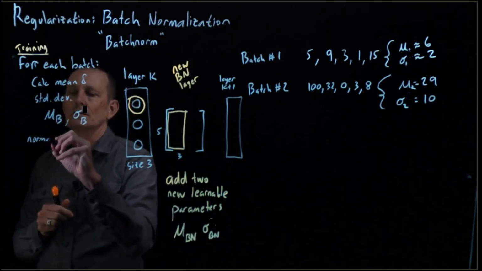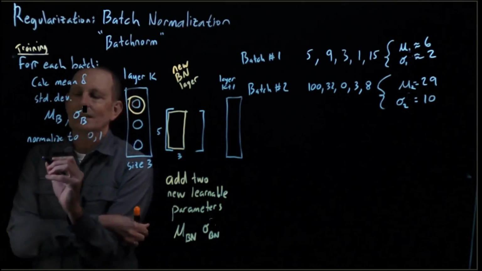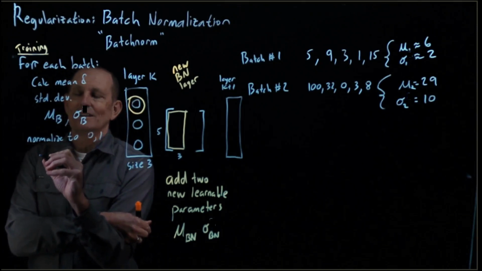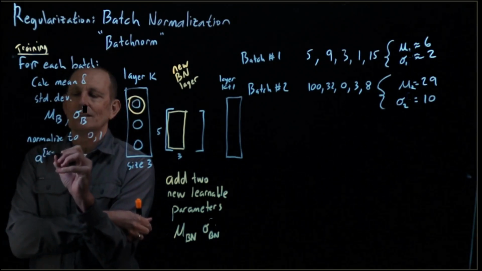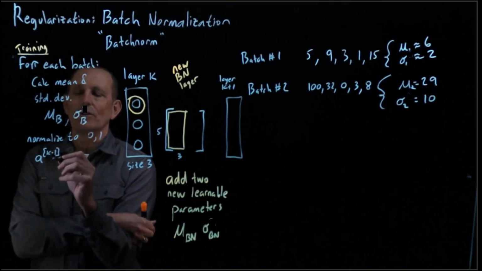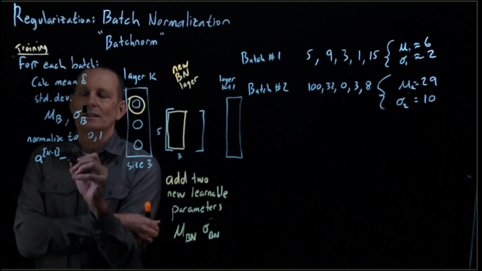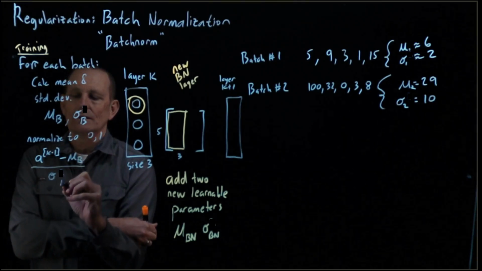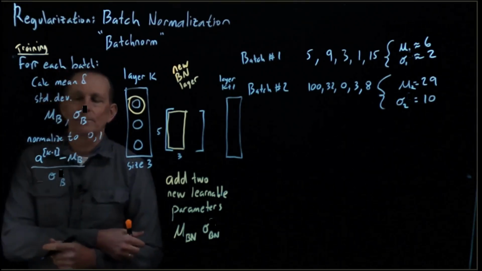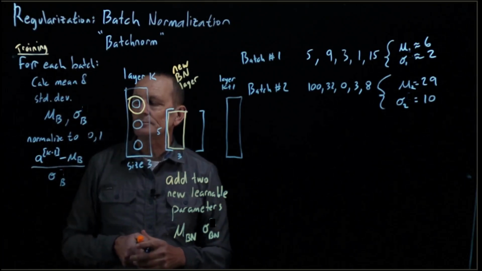Then normalize to 0 and 1. That is, take the incoming value, a sub k minus 1, whatever our previous layer is, subtract the mean and divide by sigma b. So we're now normalized to the 0, 1 range.